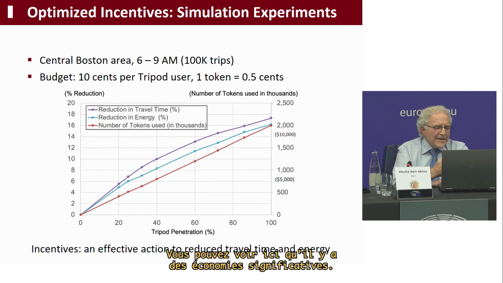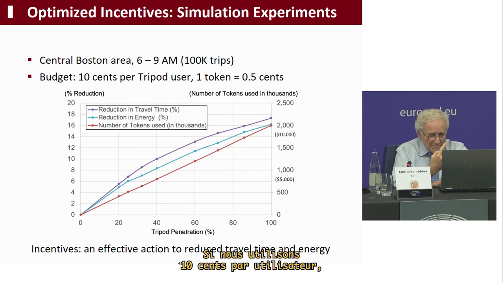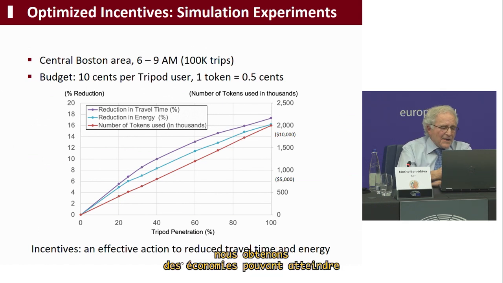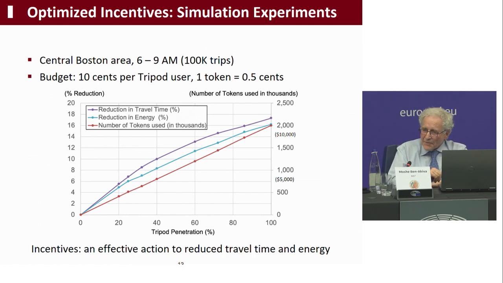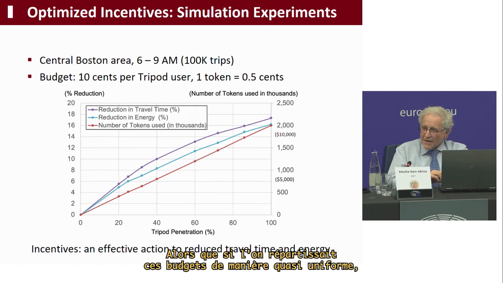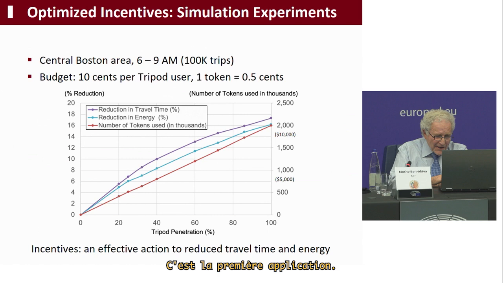And you can see from here that there is a significant savings. Using 10 cents per user, we get savings which can be as high as 15% or so in energy consumption, which is significant. Whereas if you distributed these budgets almost uniformly, the effect would practically be zero. So that's the first application.